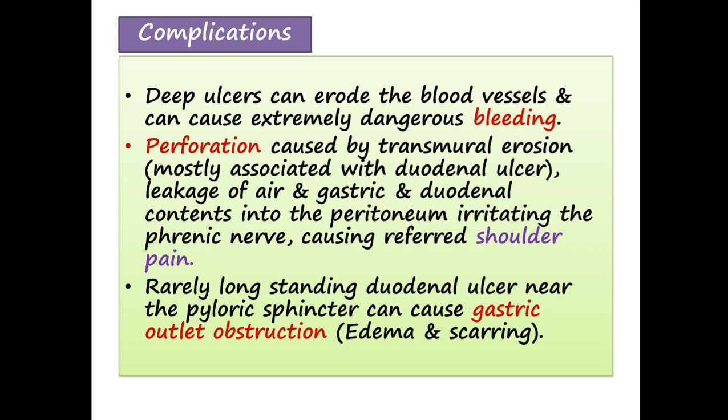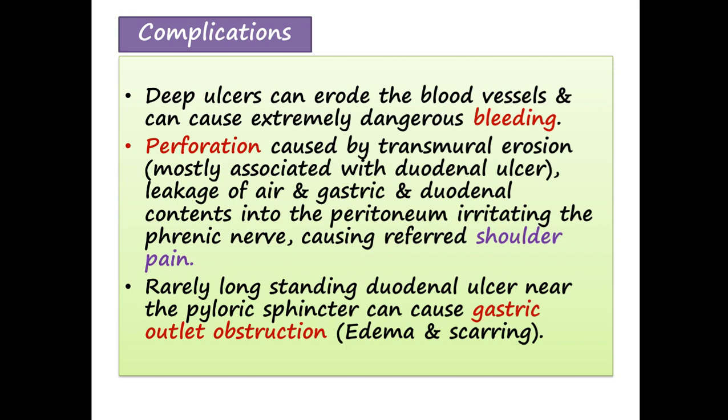And here, once the peptic ulcer causes perforation in the stomach and duodenum, the gastric contents or duodenal contents, along with air, will enter the peritoneum.